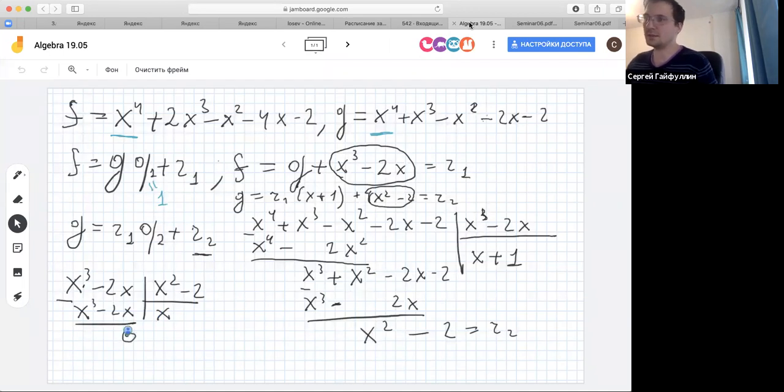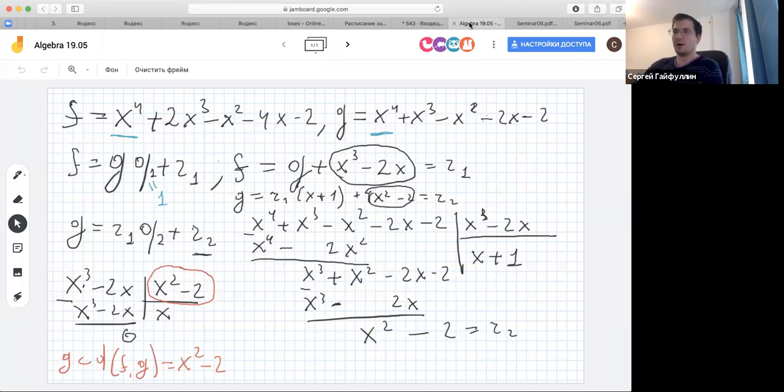So now I say that R2 is the greatest common divisor. If we have the last division, then the number by which we divide is the greatest common divisor when the remainder is 0. So the answer is: the greatest common divisor of the two polynomials f and g is x squared minus 2.